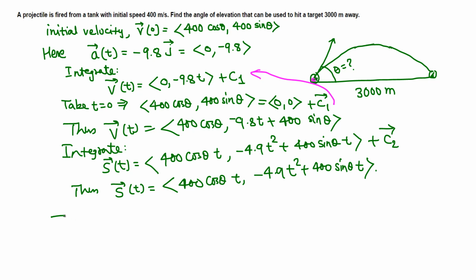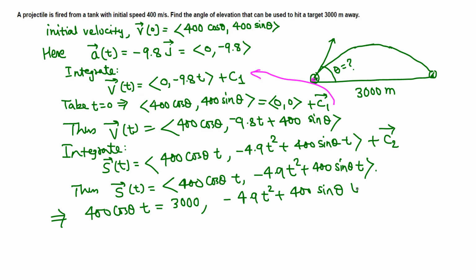This implies 400 cosine theta t is equal to 3000, that's the horizontal distance, and negative 4.9 t squared plus 400 sine theta t equals 0 when it's on the ground. Now we want to solve these two equations and get the value of theta.